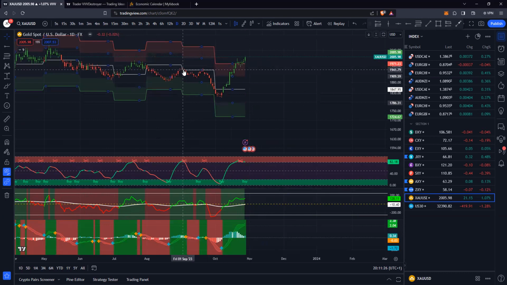So as you see right here, this is the 1st of September of 23. Here was the opening, and the price went down, tested back on the opening, and here is the end of the month. So this is a closing price.